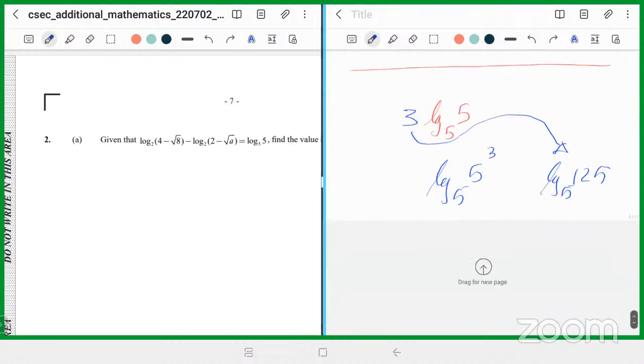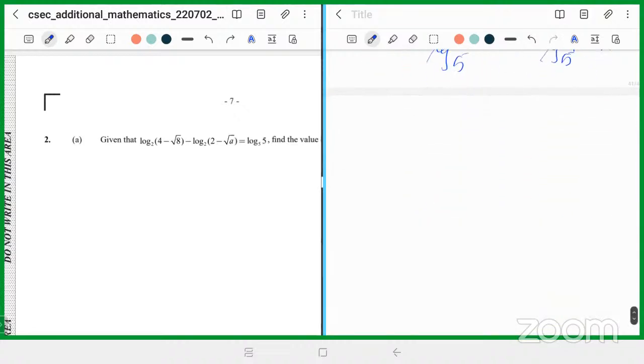One last thing I want to show you. When you're solving logs equations, your aim is to do one of two things. The first thing you want to do, depending on what you have, is reduce your equation such that it becomes an equation of the form log to a base of a number on this side equal to log to the same base of a different number on that side.